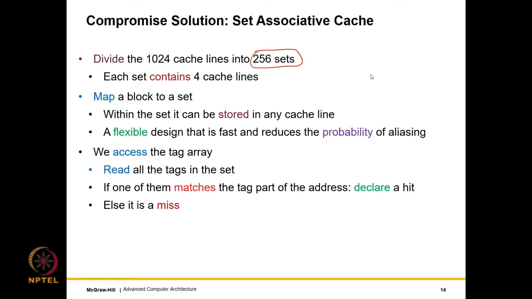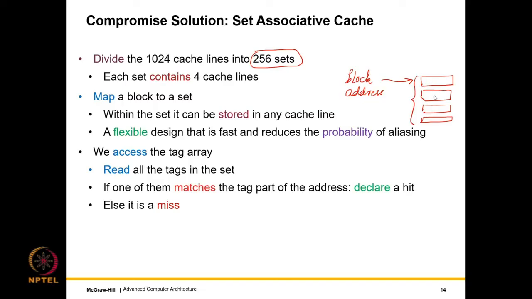So instead of mapping a block to a cache line as in the direct mapped approach, I map a block to a set. Given the block address, I map it to a set, and in this case a set contains 4 cache lines.